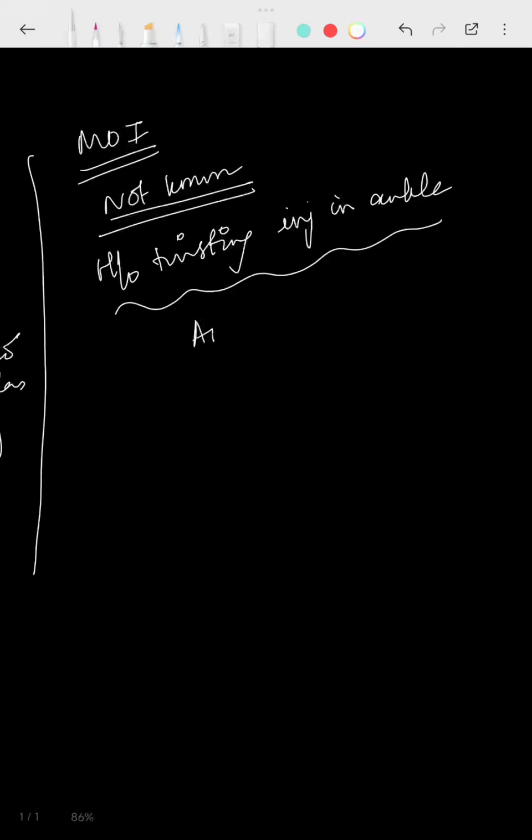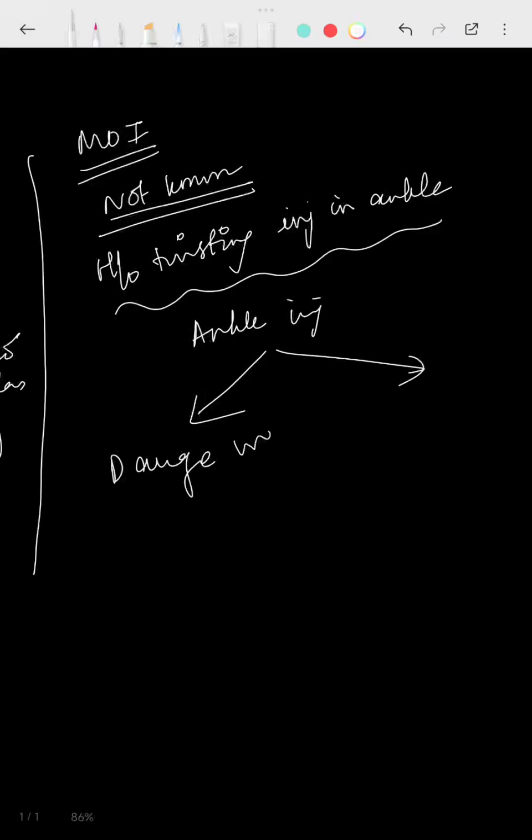Regarding ankle injury, you have two classifications: the Danis Weber classification and the Lauge Hansen classification.